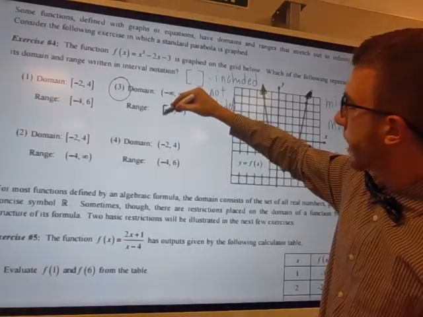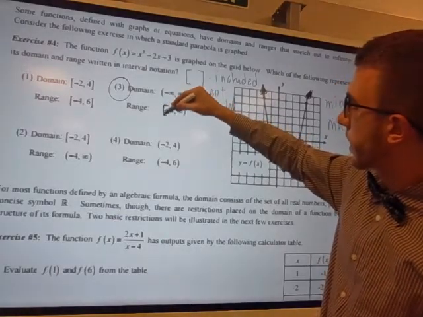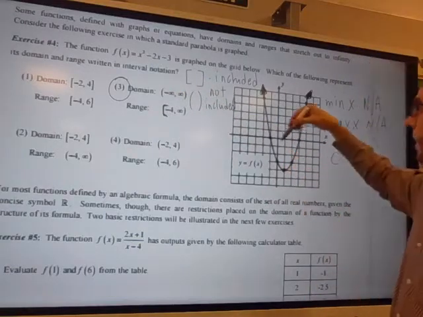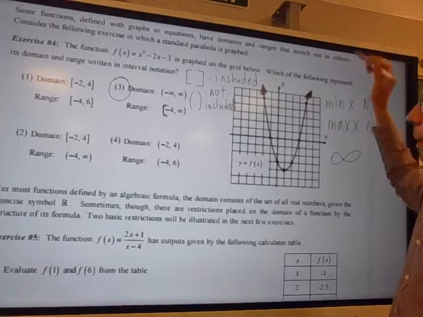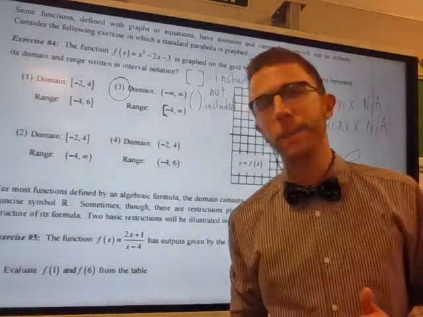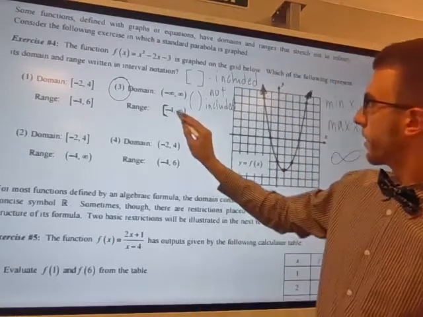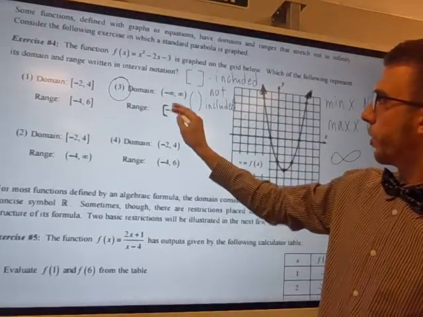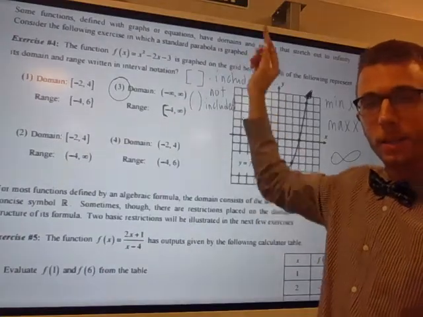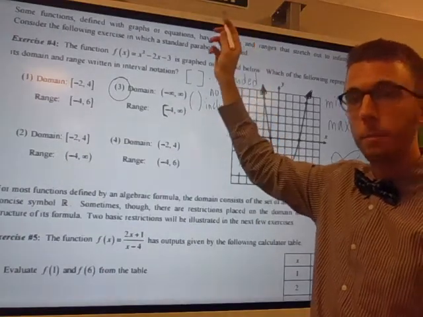That's why there's a straight bracket there. Okay? But again, similar idea to the domain, this function is going to continue up and up and up forever, trying to find infinity. So the range goes from negative 4, which is included, to positive infinity, because positive infinity is up.